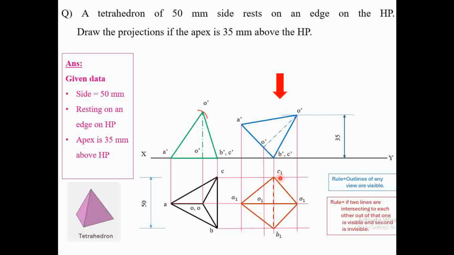So we can directly say that far away edges are generally invisible to the observer. In that case also we can represent this as a dash, or you can follow the rule that if two edges are intersecting with each other, one edge will be visible and the second edge will be invisible. So this is the complete solution for this given numerical.